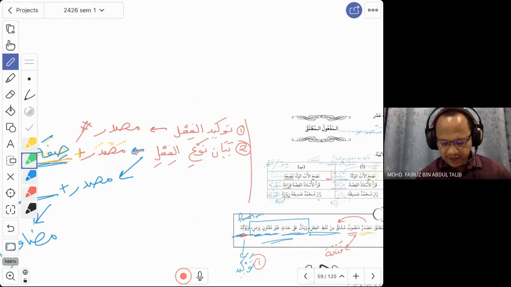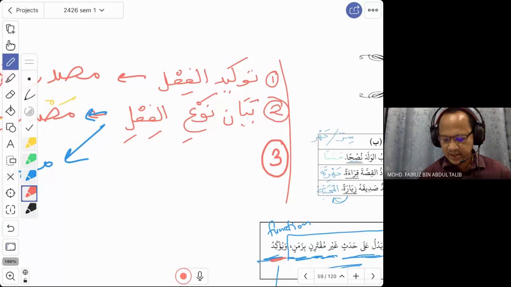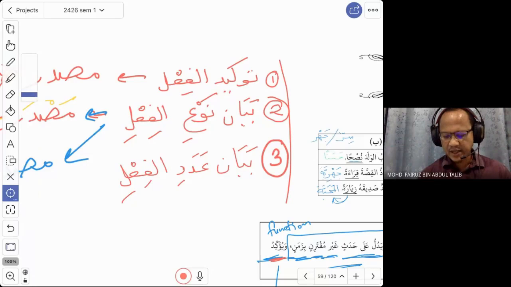Now the third function, the last function of maf'ul mutlaq, is bayan adad al-fi'l. Bayanu adadi al-fi'li. Previously it was bayan nau', where you want to explain the type of the action. But now you want to explain the adad. What is adad?